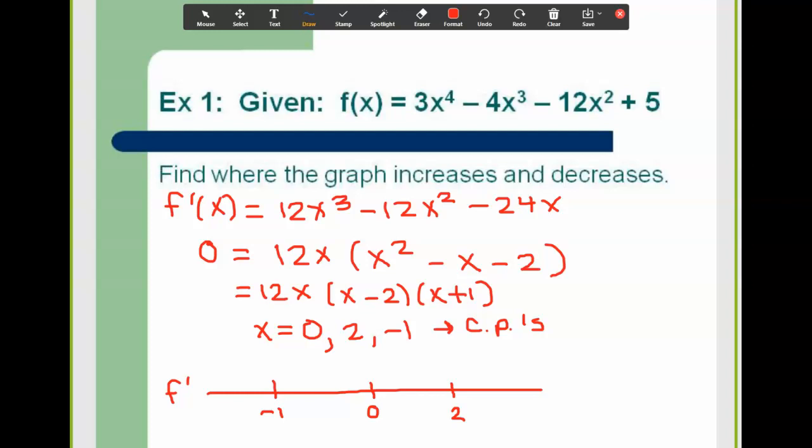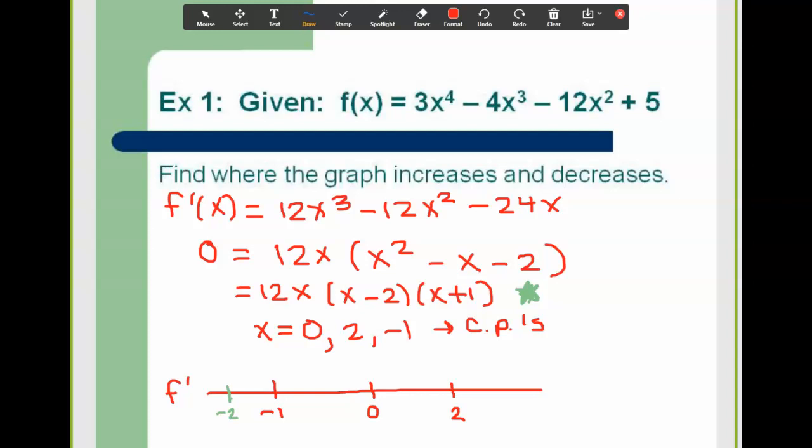So I want to know if I plug a number into my derivative less than negative 1, what its sign is. I always tend to plug in right here because I don't care about the actual number. I only care about the sign of the number. So let's say, for example, we're plugging in negative 2. Negative 2 times 12 is negative.